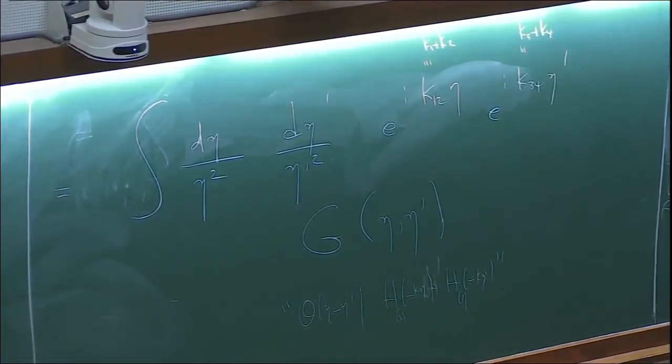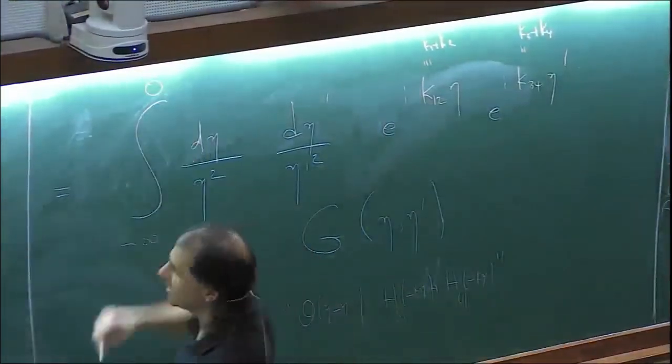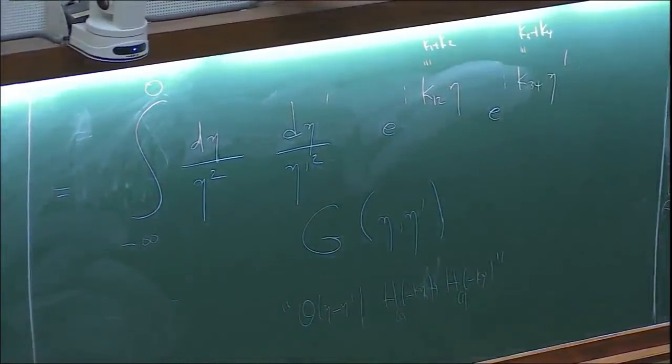Now you see why this calculation looks tough, because I have to do this integral with two Hankel functions multiplied together, and I have to integrate from minus infinity to 0. Now, your best strategy for doing integrals is to give it to Mathematica.